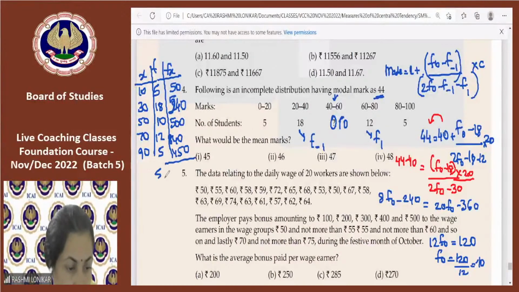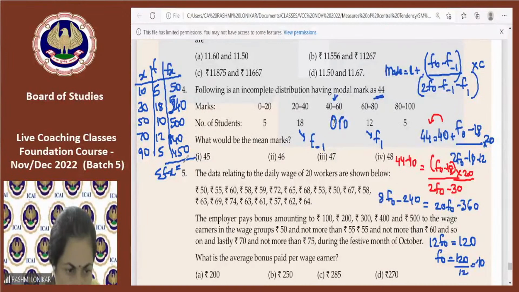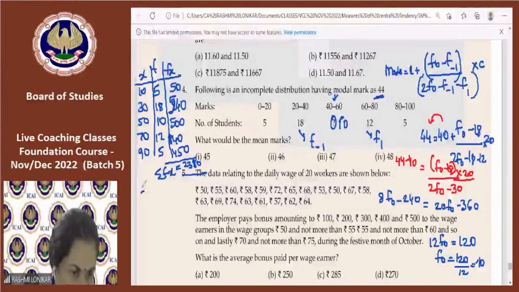So how much will be summation Fx? Summation Fx will be 50 plus 540 plus 500 plus 840 plus 450, which is equal to 2380. And what is the frequency total? 5 plus 18 plus 10 plus 12 plus 5, that is 50. So X bar will be equal to summation Fx upon summation F, which is 2380 divided by 50.